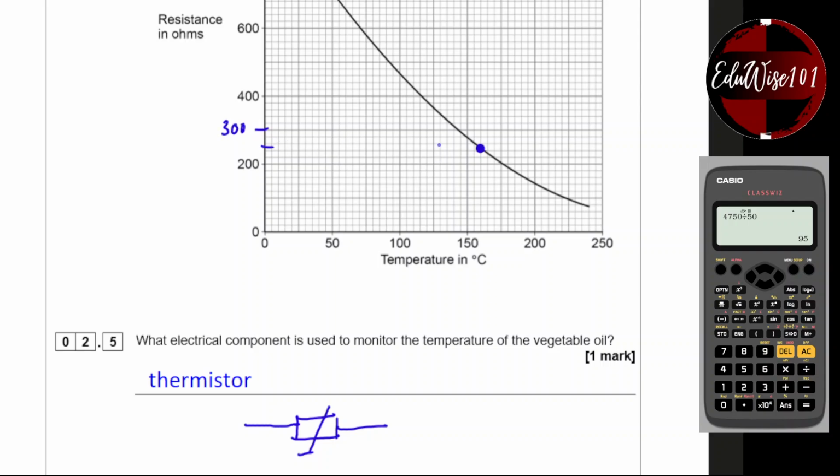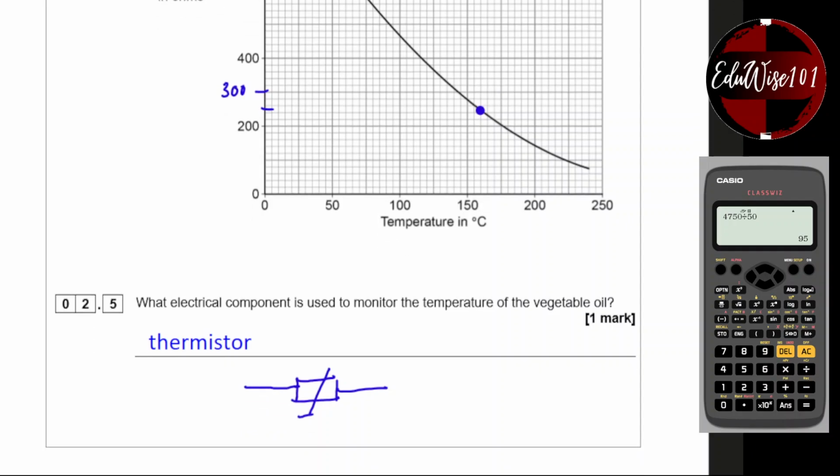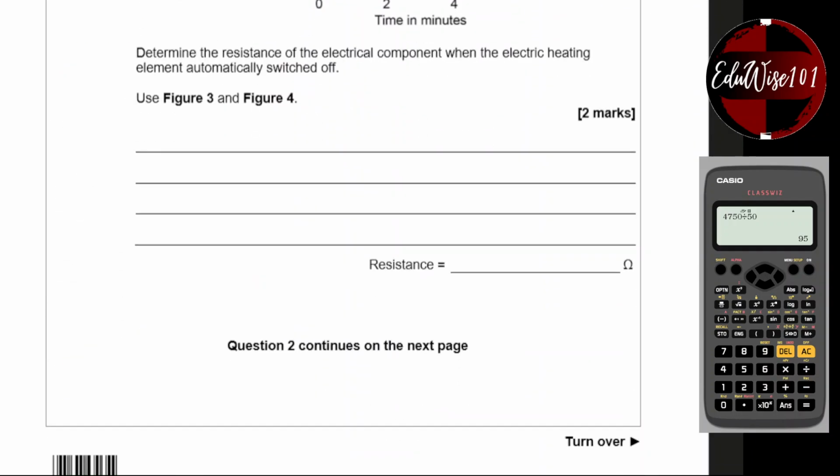So I would take the value in between. The resistance is 250 ohms.